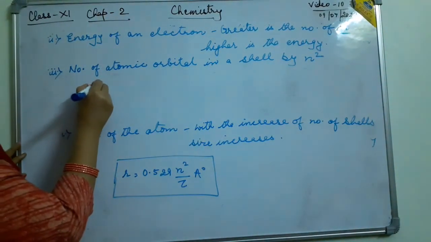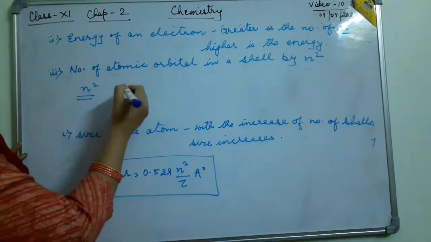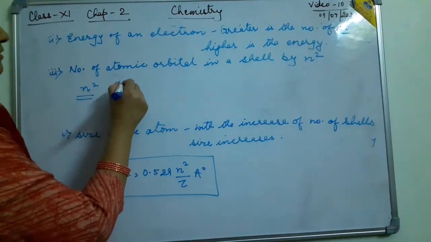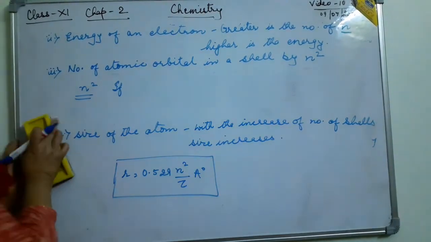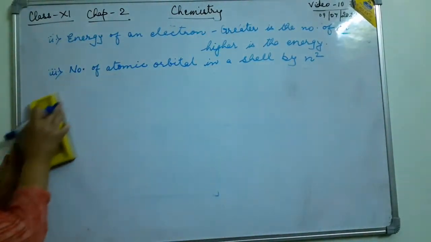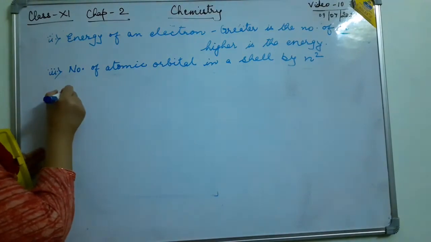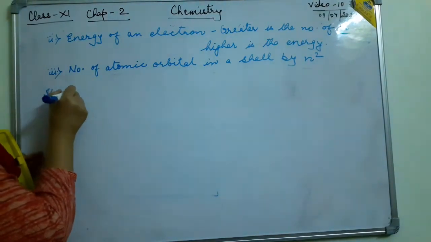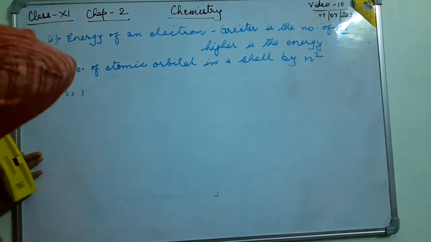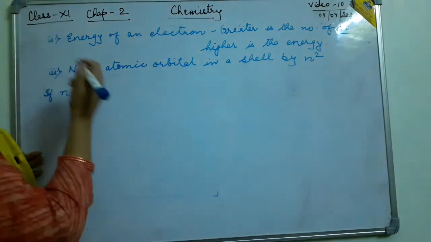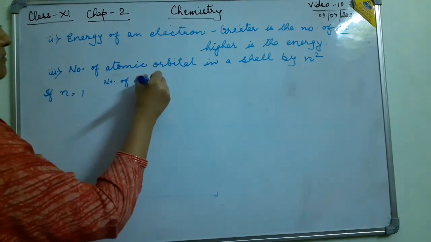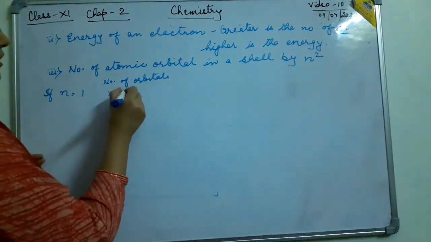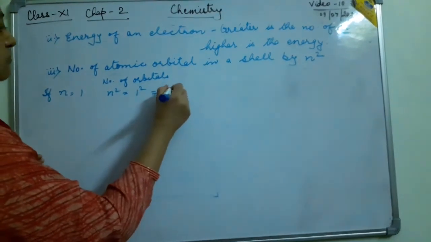If n is equal to 1, then the number of orbitals present is n square, 1 square, equal to 1.